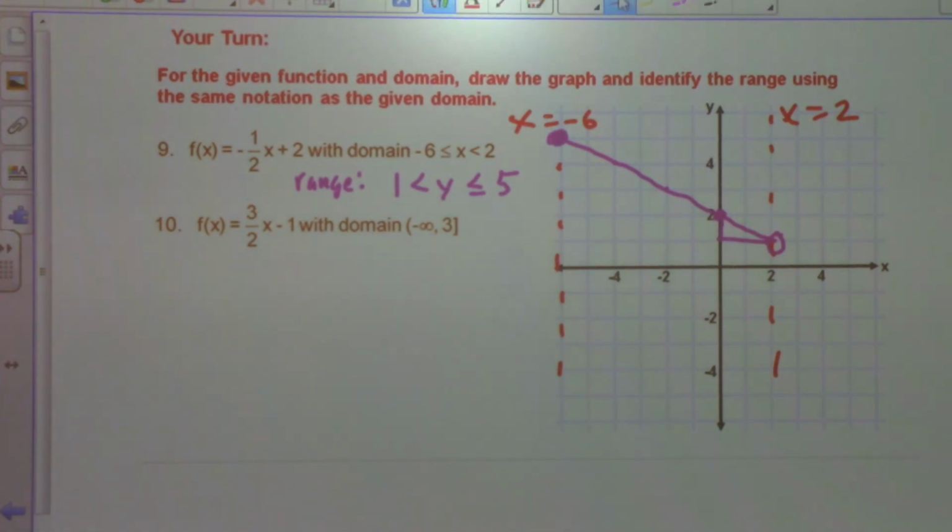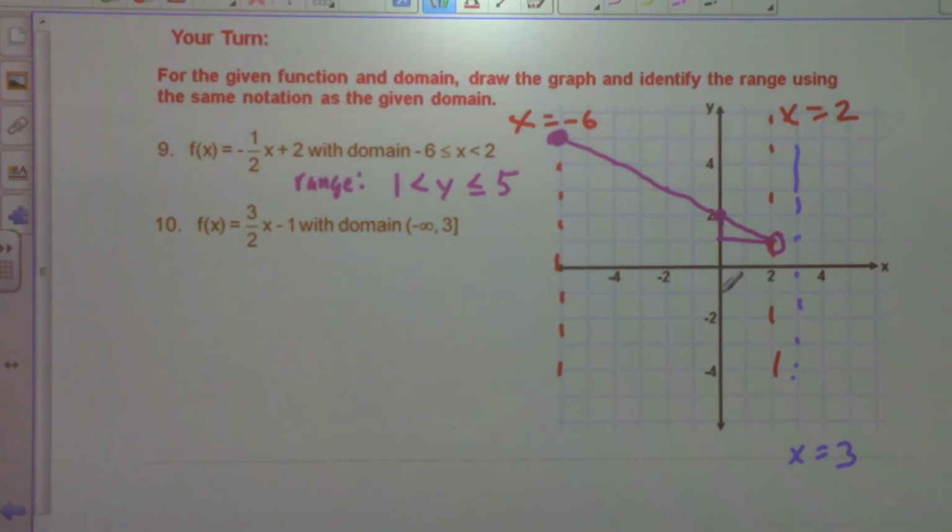Next, this one right here, we have our domain. How do we do this? I guess we'd mark it 3, right? So x equals 3. And then we have 3 halves x minus 1.